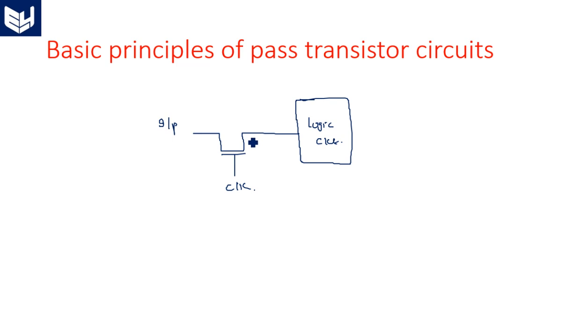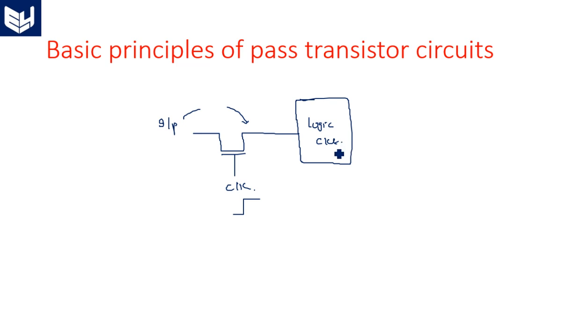Now, the question is, when the clock is high, the transistor is in on state, and the input will be transferred to the output. This is the assumption. Now, whether this complete input will appear at the input of this logic circuit or not? At the input of the logic circuit, we know very well some parasitic capacitance effect is there.